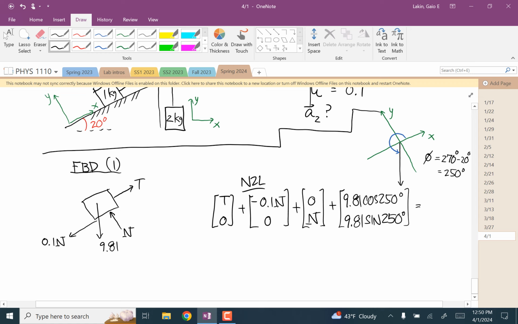And that's equal to the mass times the acceleration vector. Is this moving along x or along y? X, so I'll just write this as a at 0.